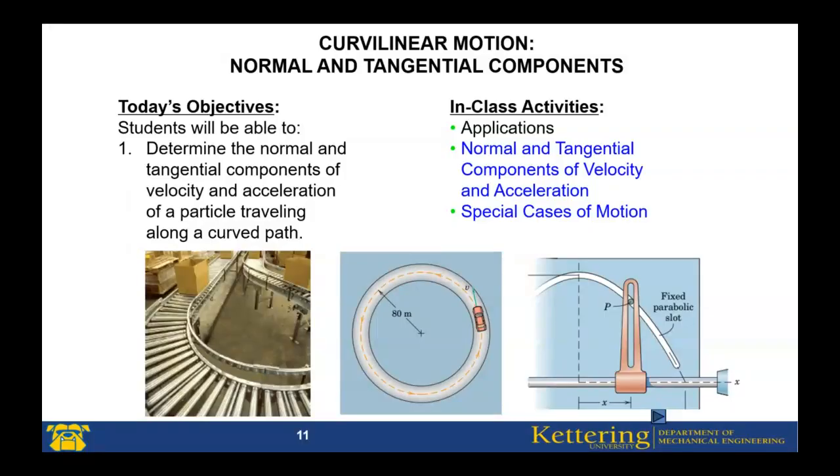Now, we want to select another coordinate system. This coordinate system is new for all of you. Why do we need to select it? Based on the problems you will see here, it's more convenient for curvilinear motion. You will see why when I introduce this coordinate system.